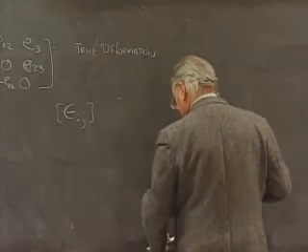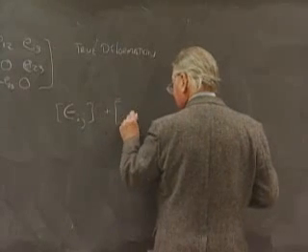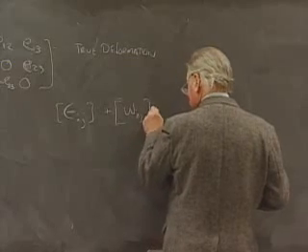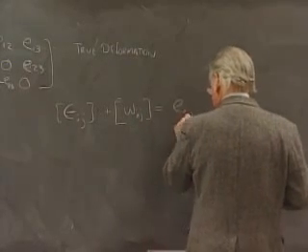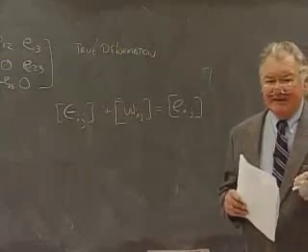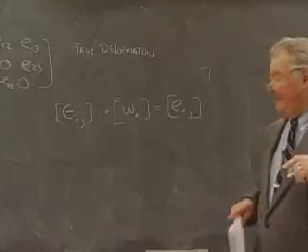Turn it around and say I'll write epsilon ij plus another 3 by 3 array, omega ij, is equal to the tensor Eij. That's a novel idea. This is addition of 2 tensors, element by element.